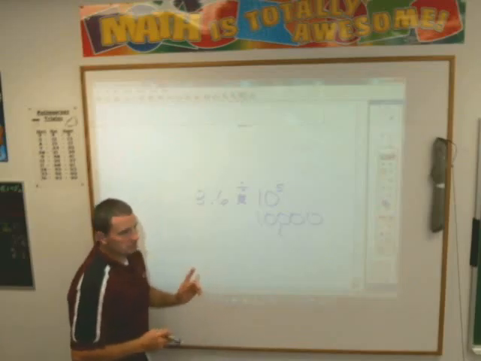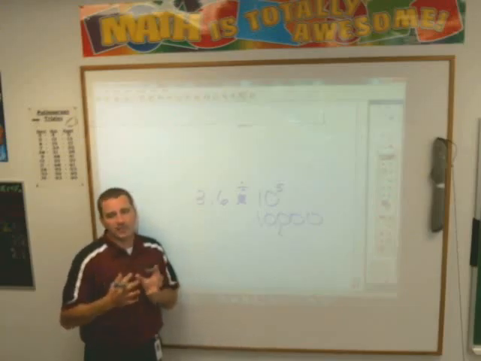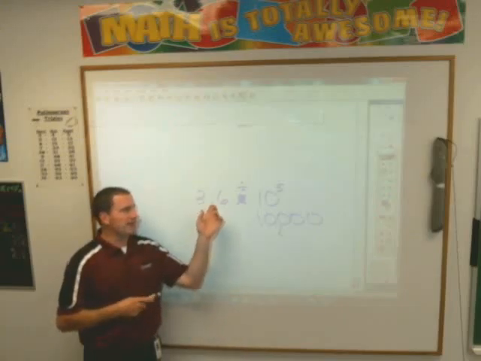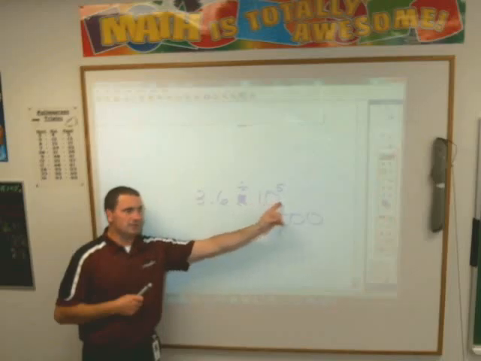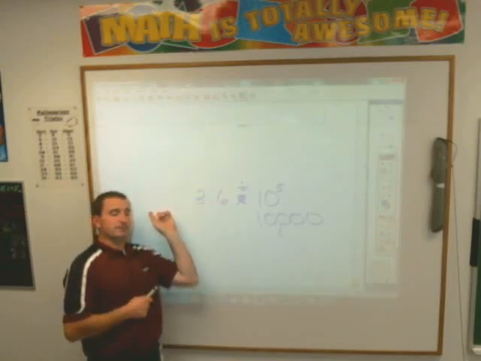And the same thing is true with division as with multiplication. You don't have to do this out, you just have to move the decimal. Multiplying means you make it a bigger number and it goes to the right. Division means it gets to be a smaller number and you move it to the left.